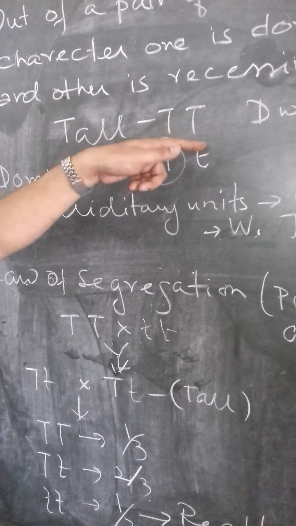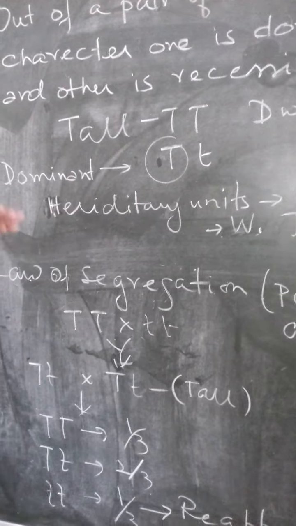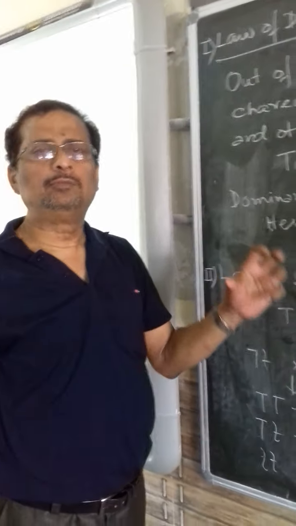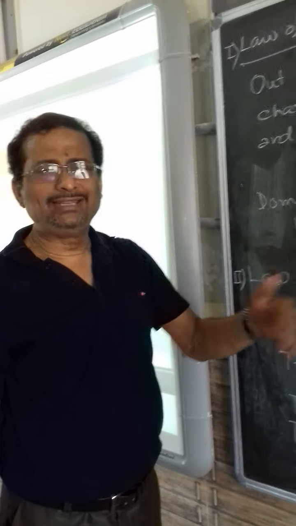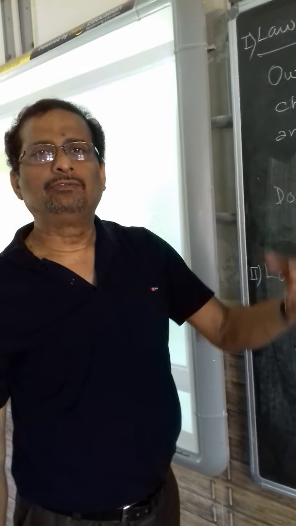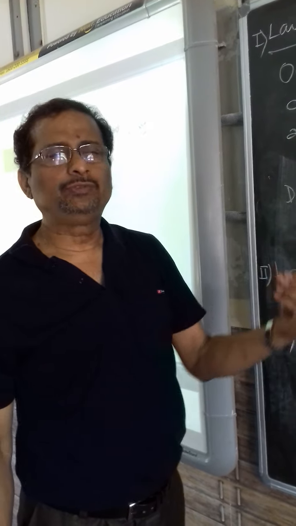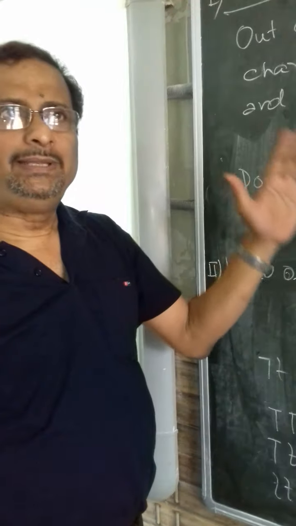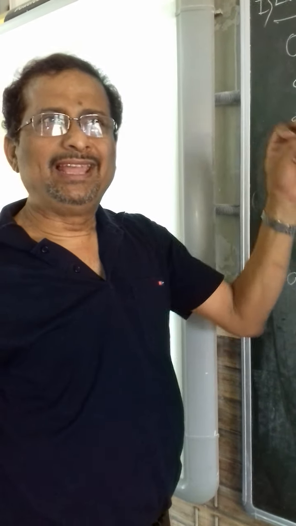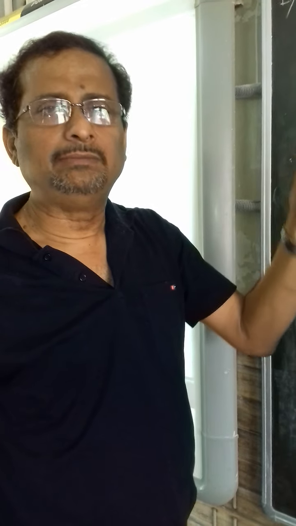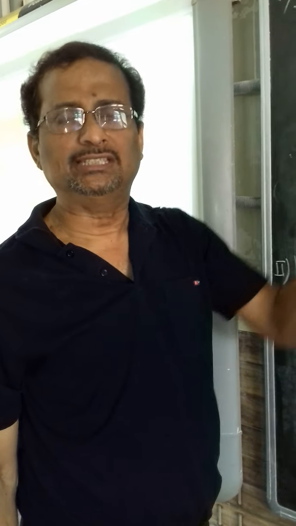So this is expressed as a tall. This is the law of dominance. The law of dominance says that out of two allelomorphic characters, one is expressed and that is said to be the dominant, and one is suppressed, which is the recessive character. But this is applicable to Mendel's law because all the genes that we study in Mendel's law are non-linked genes.